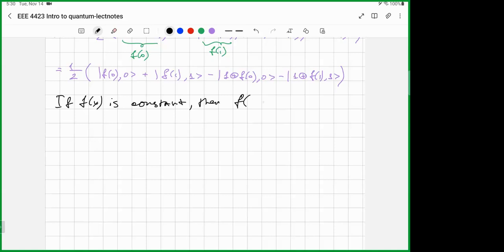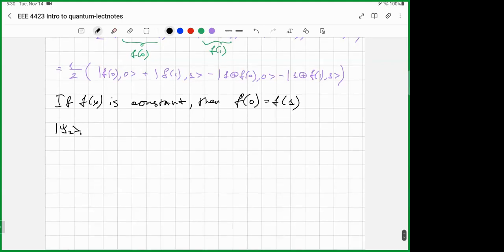It means that f(0) is equal to f(1), right? So the output doesn't depend on the value of the input x. All right. So using this property, we can rewrite this state psi 2, and let's denote it by constant.